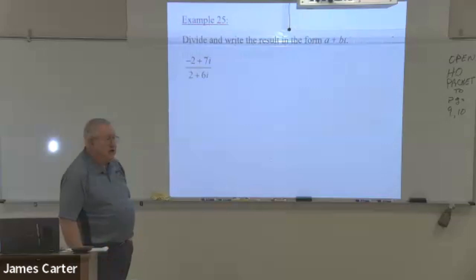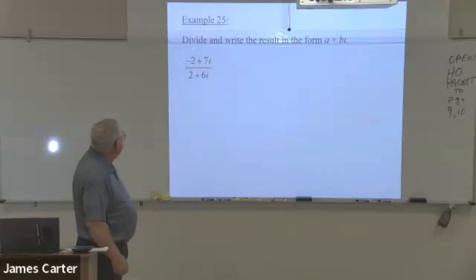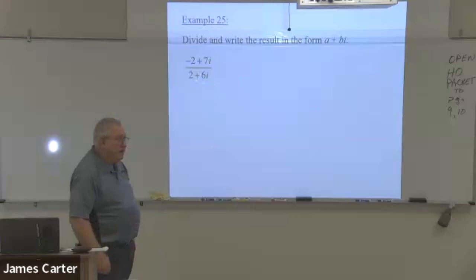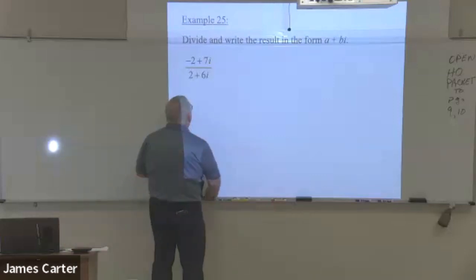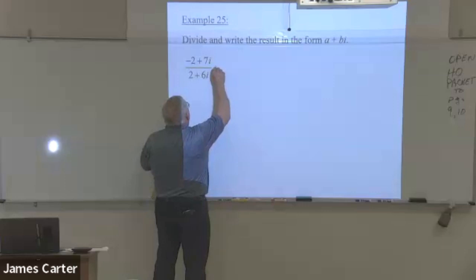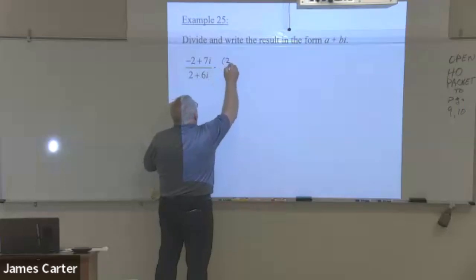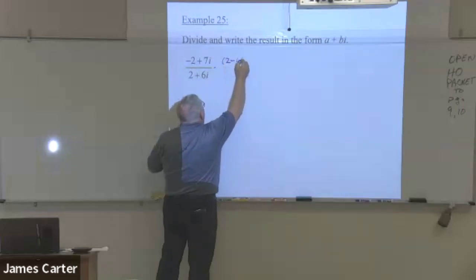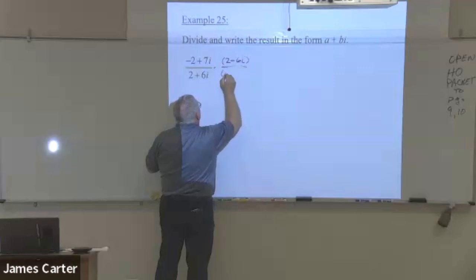Okay, here's an example where we would really use this. This division problem, I've got i's in the denominator. I can't have that. How do I get rid of those i's in the denominator? Well, what I do is I take it times 2 minus 6i, its conjugate, over 2 minus 6i.